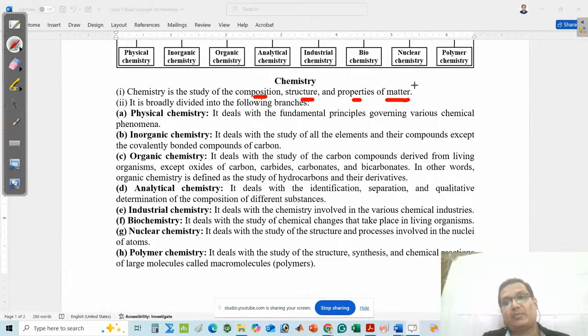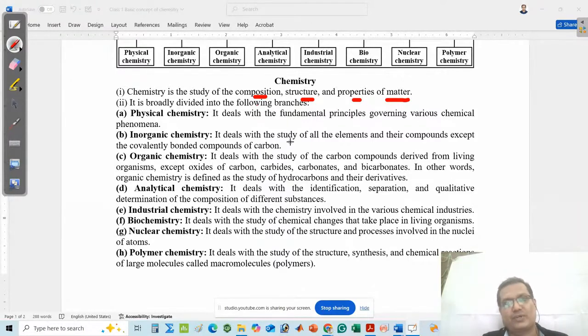Simply I can remind you, padartha, substance and matter. Matter means your padartha. Composition means saranchana. Next, structure means your gatana. Next is property. Property means dharma.